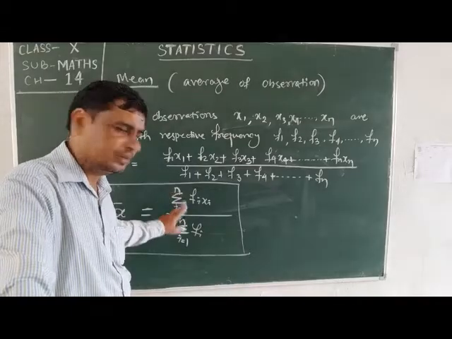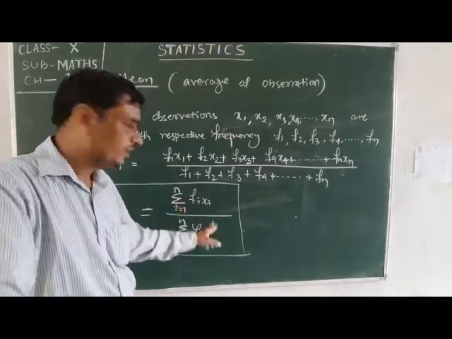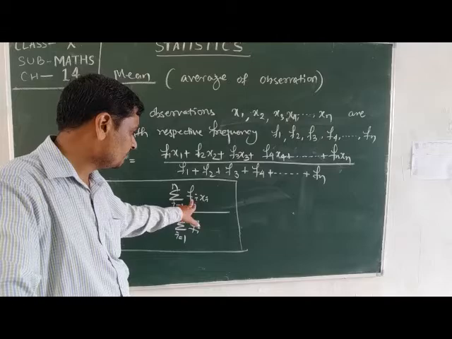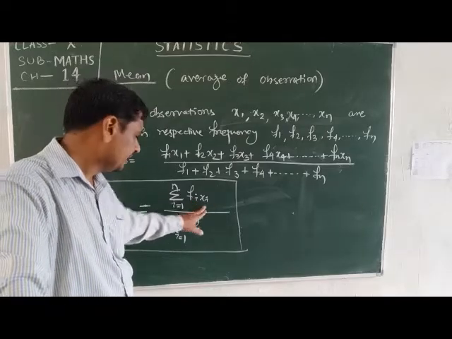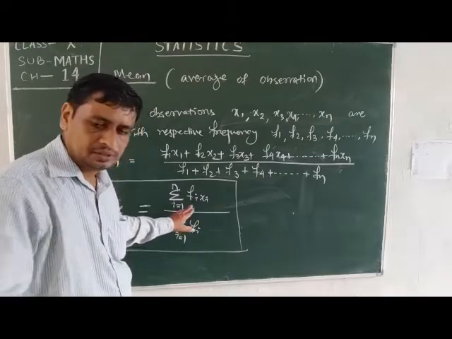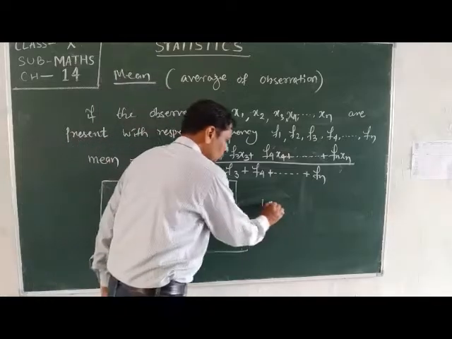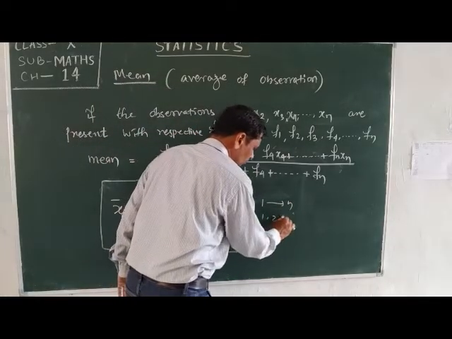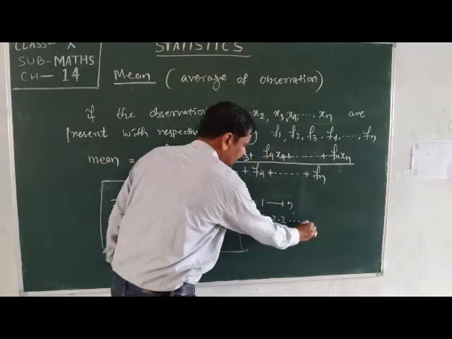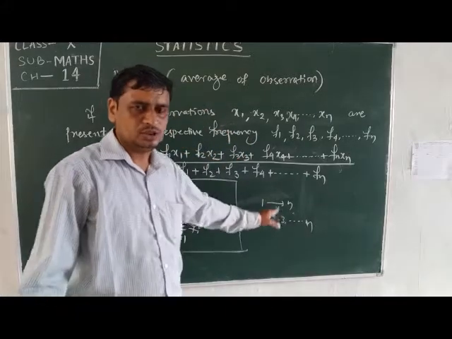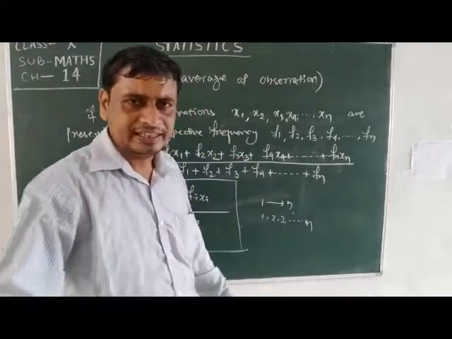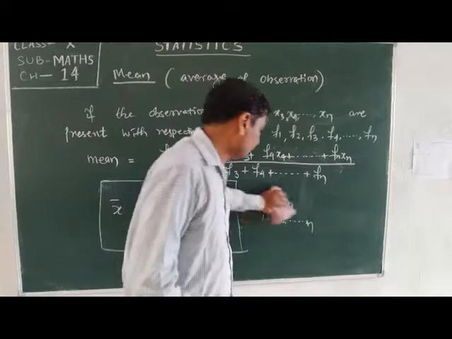It varies from 1 to n means first you put 1, and it becomes f1 x1. Then 2, 3, up to n. In this way, we will take the values of i.